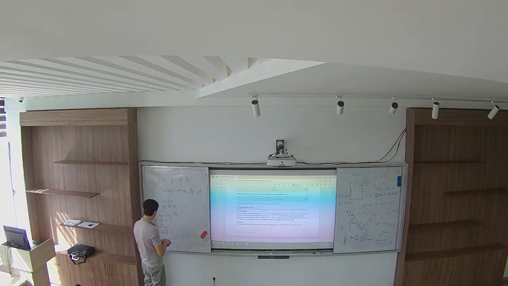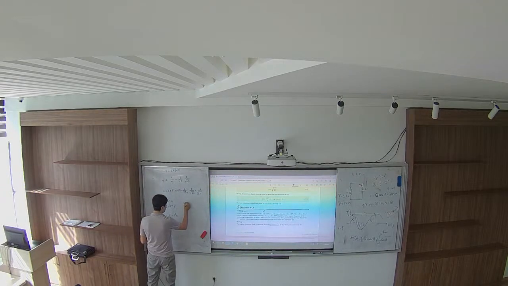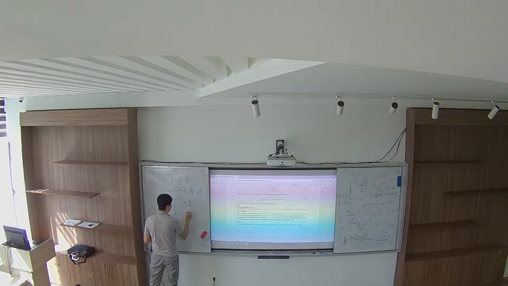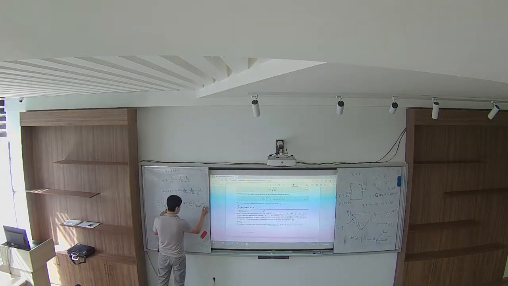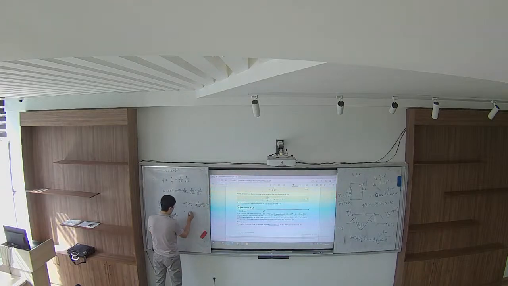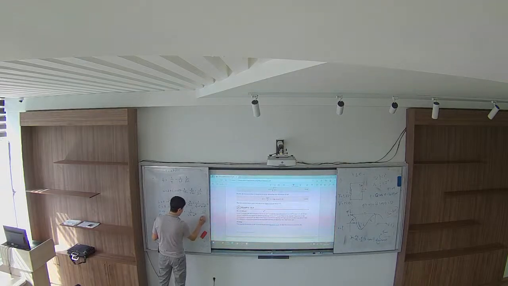The first one, omega, is equal to 1 over the square root of LC. If I substitute, L was 2 times 10 to the minus 2, and C is 8 times 10 to the minus 6. What do we have? 1 over the square root of 16 times 10 to the minus 8, which is 1 over 4 times 10 to the minus 4.